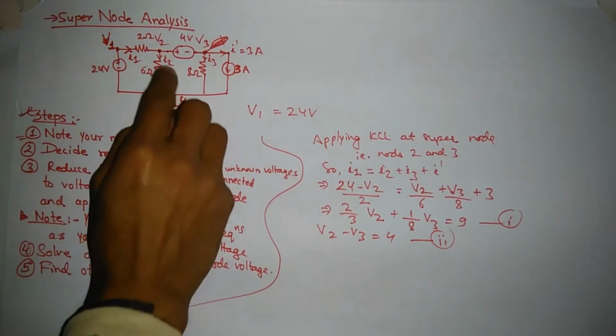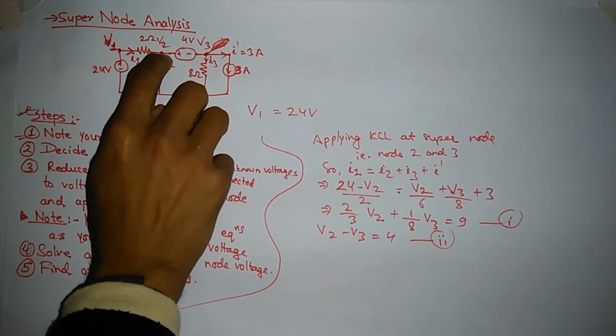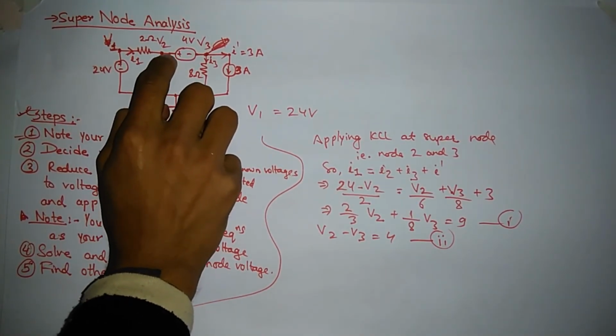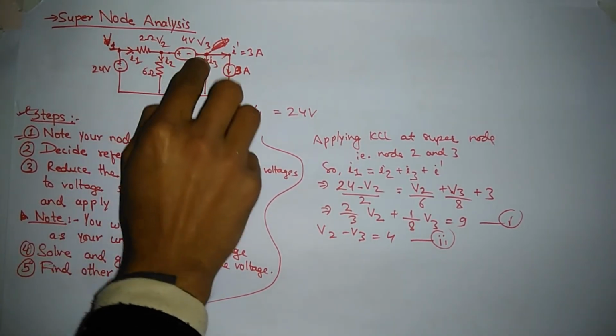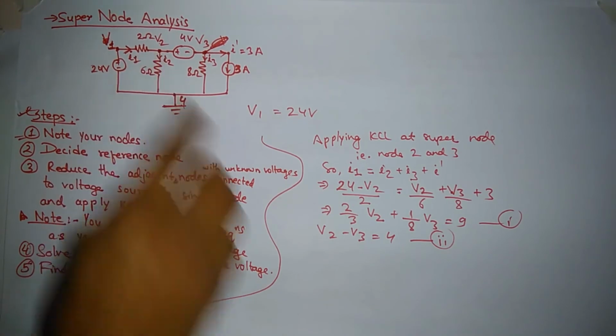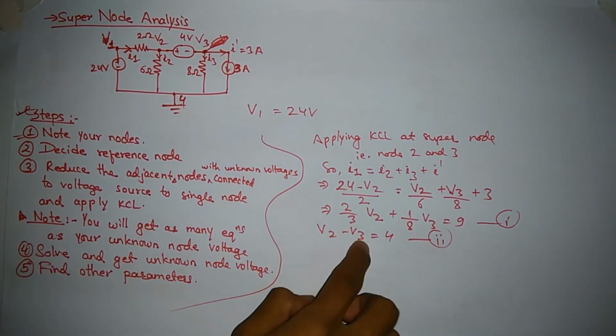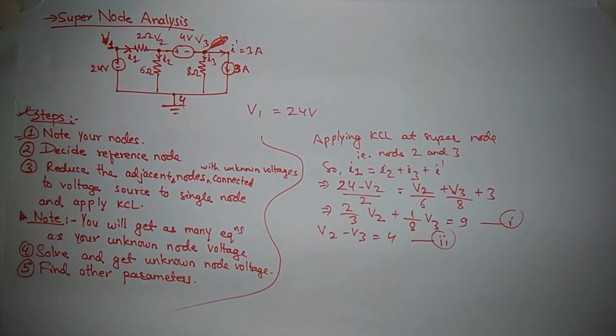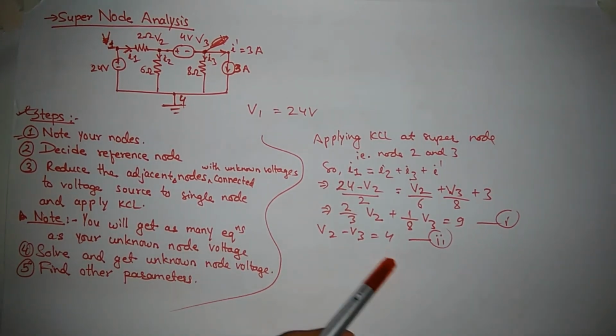Don't be confused at this. This terminal has a higher voltage potential in comparison to this, so we can write V2 minus V3 is equal to 4. This is your equation 2.